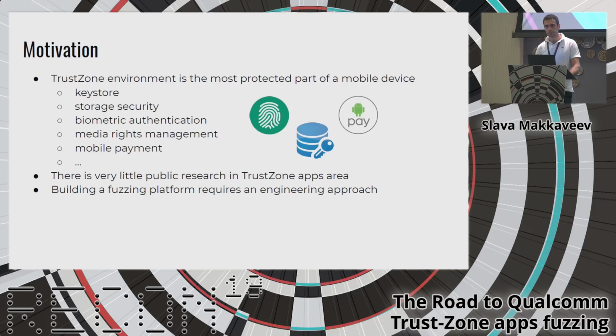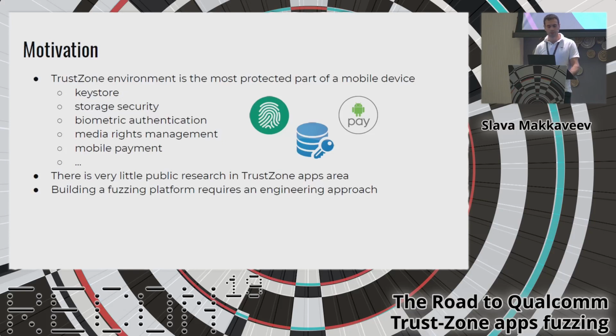Today I'm going to talk about the trusted execution world of mobile devices. The goal of the research was to build a fuzzing platform to test the reliability of Qualcomm trusted applications. Why did this subject catch my attention? First of all, the TrustZone-based environment is the most protected part of a mobile device, and therefore it's a very interesting subject for security research.